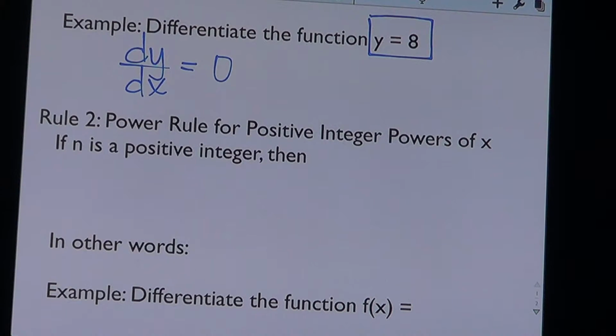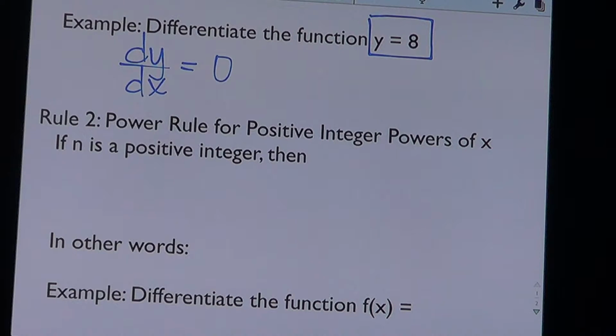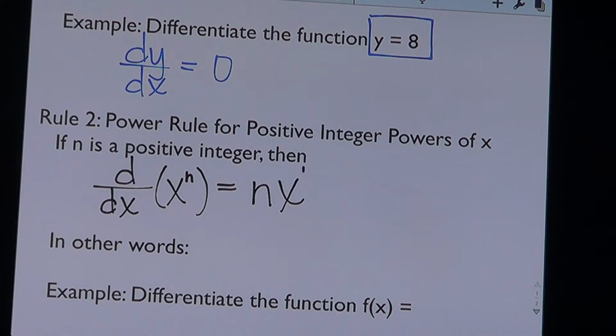It says that if n is a positive integer, then the derivative of x to the n power equals n times x to the n minus 1 power.